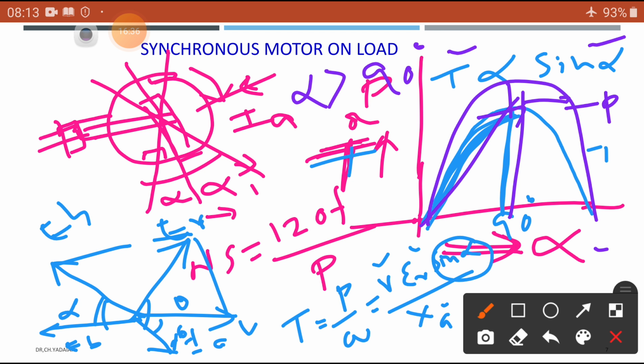During this period, while it is going out of synchronism, we need to increase the excitation to cope with the coupling.